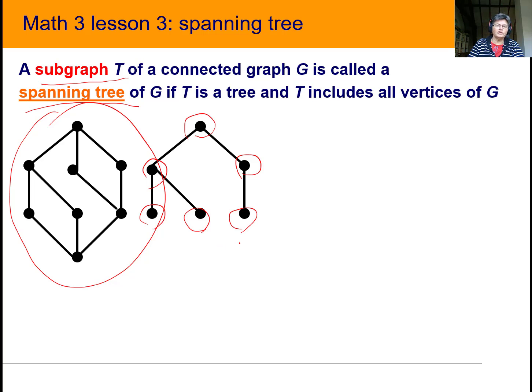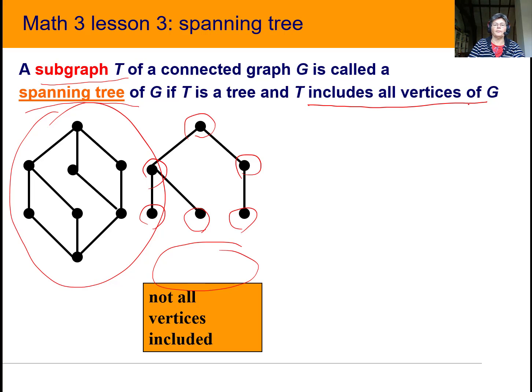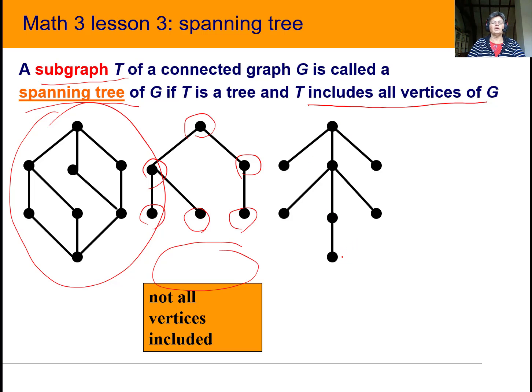Unfortunately, we don't have these vertices here, and the spanning tree should include all vertices of G. So it is a tree, but not a spanning tree of G. The next example is really a tree: we don't have cycles, everything is connected, but unfortunately this edge here is not part of the original graph. So it's not a spanning tree because it's not a subgraph.